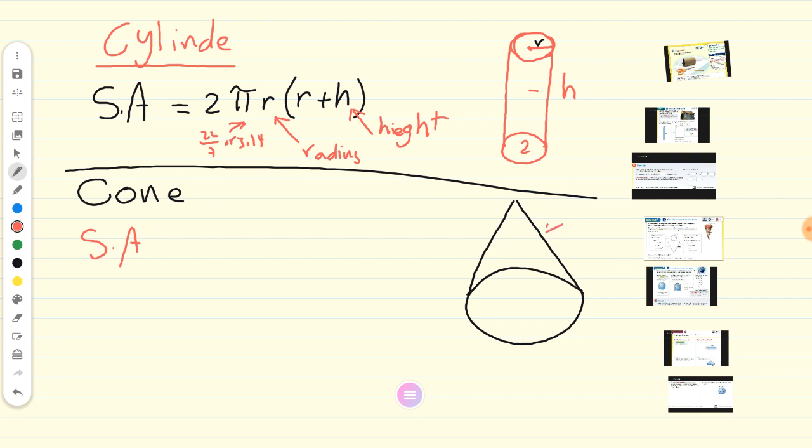This side we can call s or l, and we call it the slant height. And we also have a radius.